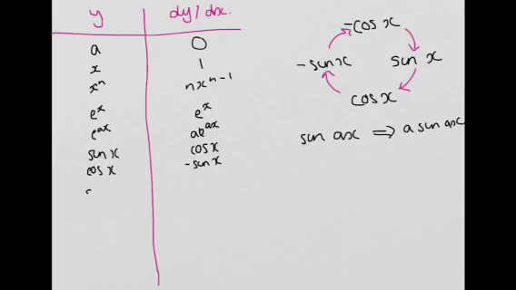The sine of ax becomes a sine. Oh, sorry, I've got those both wrong, sorry. Cos ax. A cos ax. Sorry about that.